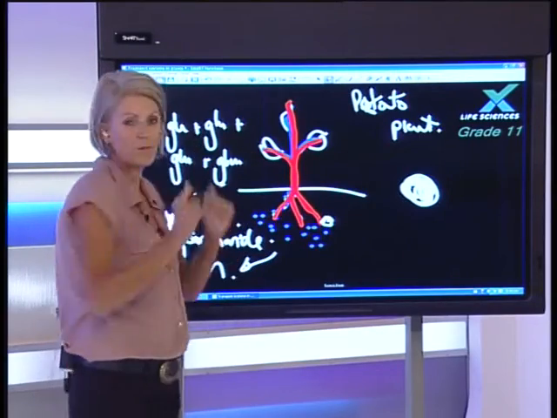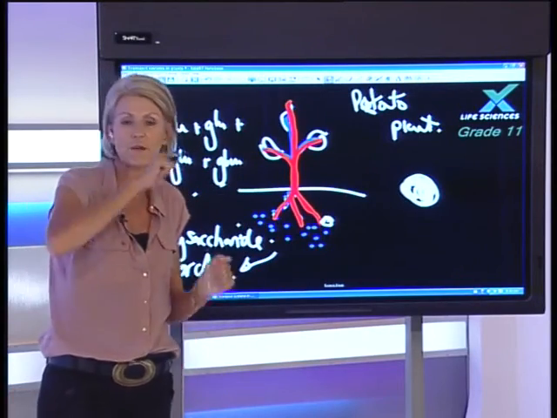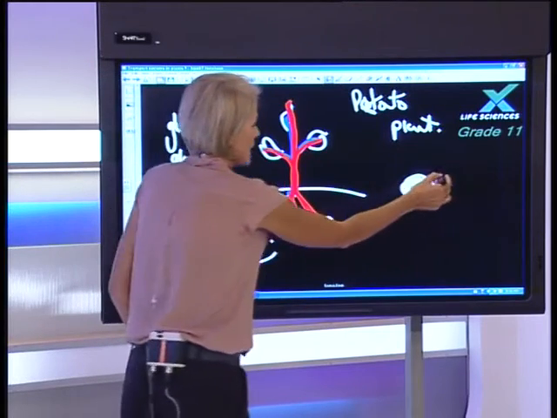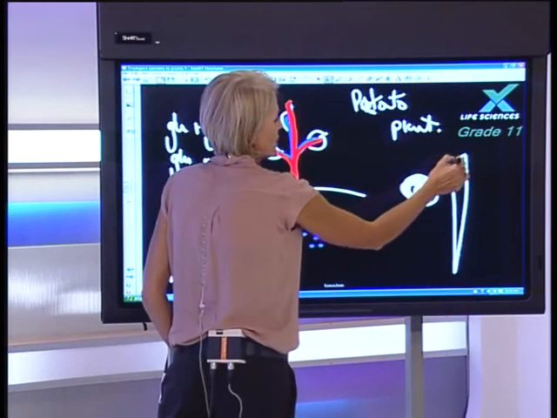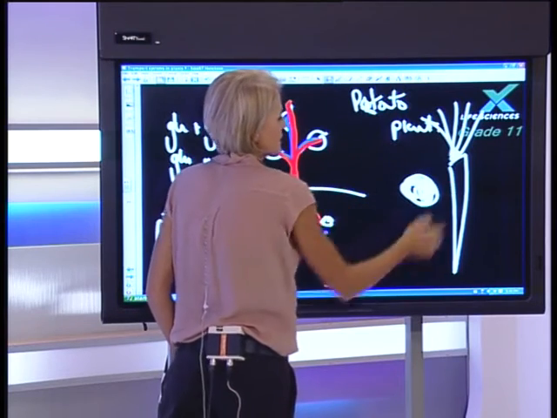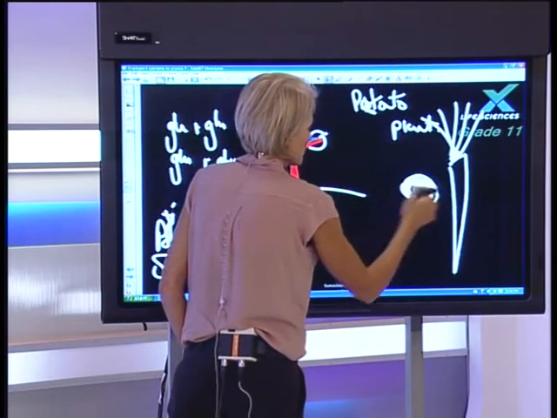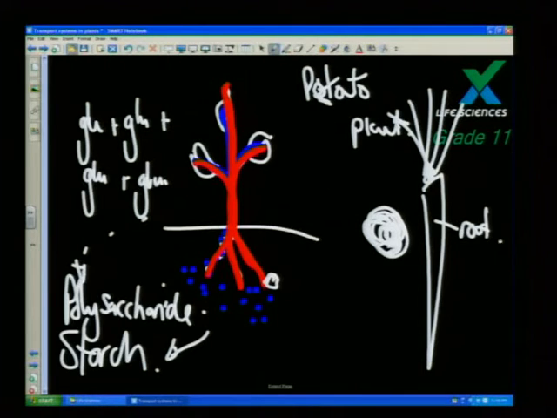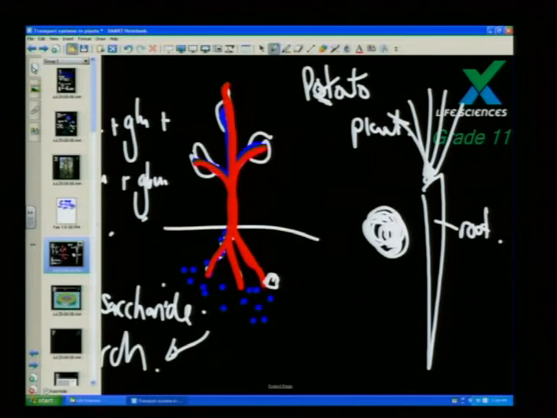So that's how the potato plant and where the potatoes came from. But if this was a carrot and you had, there's your carrot, and then you've got your leaves that come up over there because it's got this tiny little stem. This would have been water being stored, or nutrients being stored in the root. It's a tap root. Right, people? So it's as easy as 1, 2, 3.